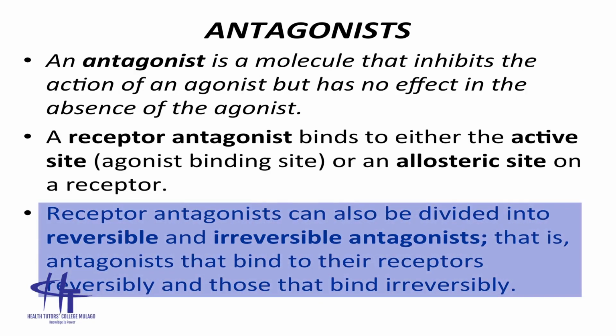Receptor antagonists can also be divided into reversible and irreversible antagonists. When it is irreversible, that means covalent bonds were formed, and so the antagonist will not be able to dissociate from the receptor.